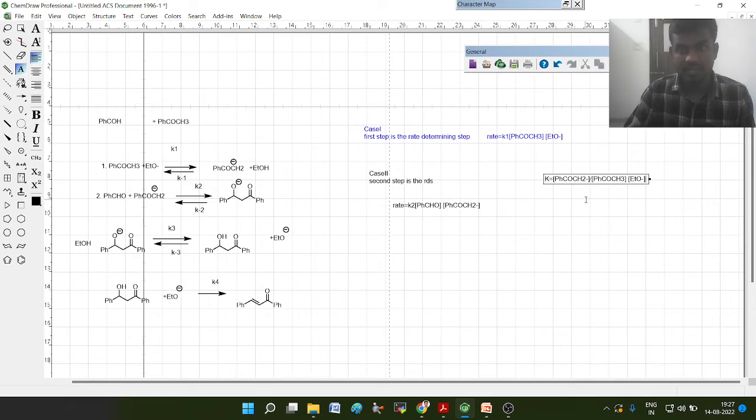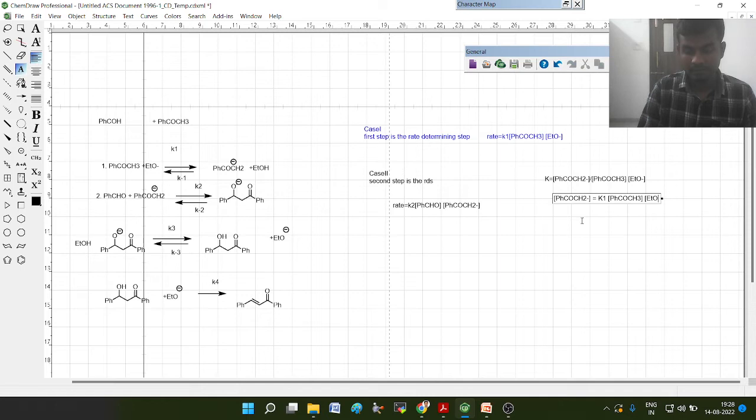So the concentration of PhCOCH2 minus is equal to K1 into PhCOCH3 and into EtO minus.